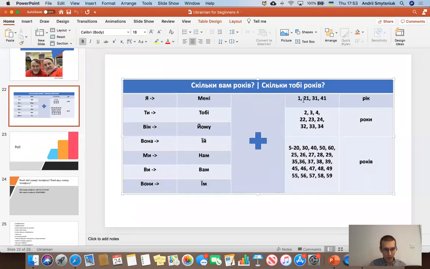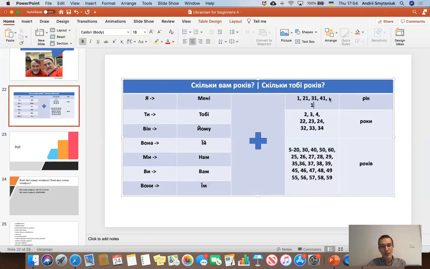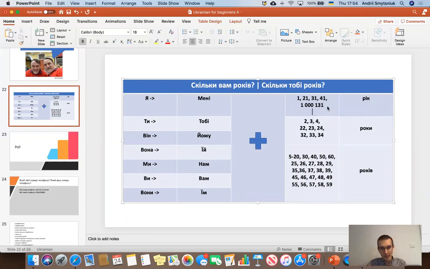The only thing you need to know is, if you have 131, if it ends with 1, even if it's, I don't know, 1,000,001, it will be мільйон один рік, or 131 рік. So if you have один at the end, then you would read it рік. But if you have 5, 6, 7, 8, 9, then you would have років.